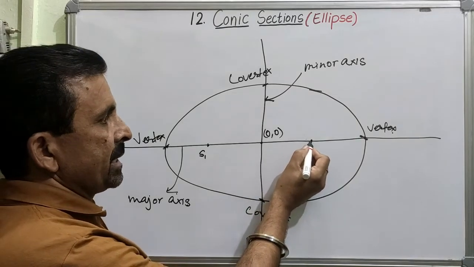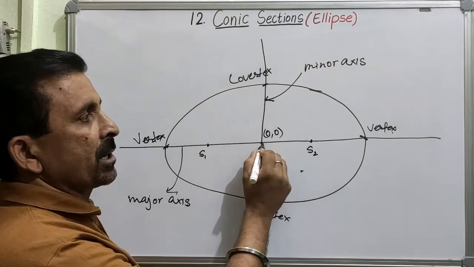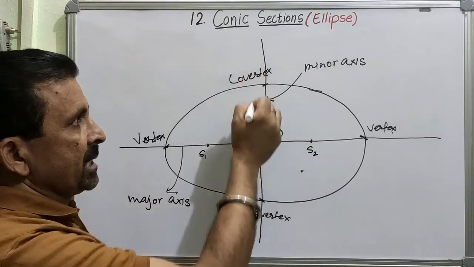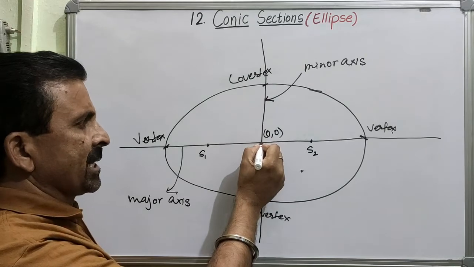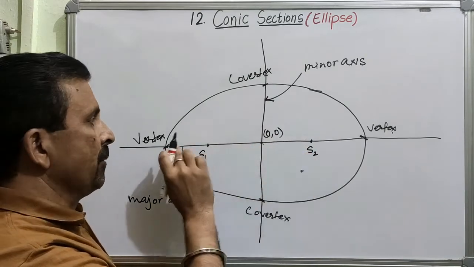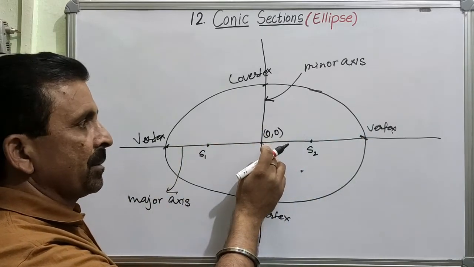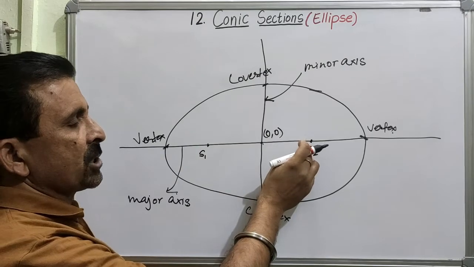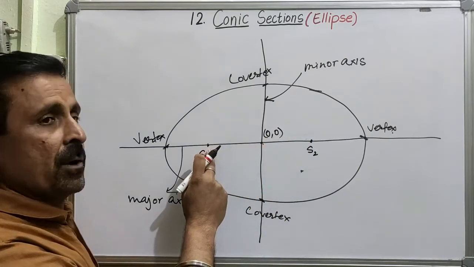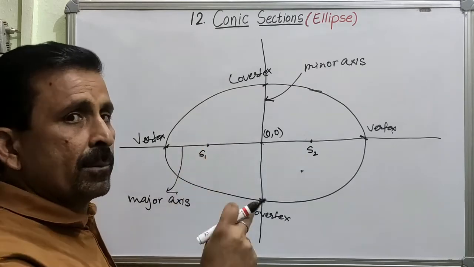After this, this focus S2 is at a distance of C from the origin, right? This is exactly the center, from S1 and S2, or from the two vertices. This is exactly at the center, right? And this S2 focus is at a distance of C, and this also will be at a distance of C. Remember, when I talk about the left hand side, I am talking about the distance.